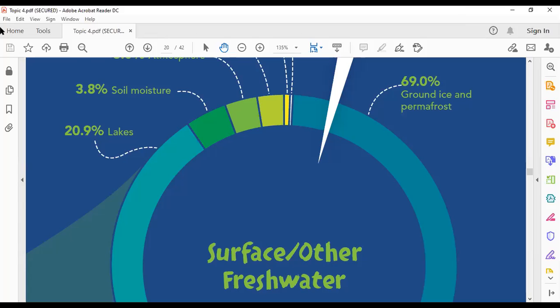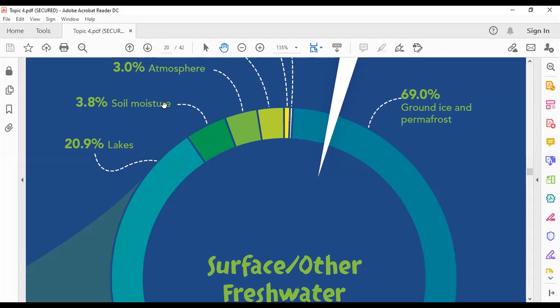Do you understand what soil moisture is? Water that is inside the soil is called soil moisture. Also 3% of Earth's fresh water is found in the atmosphere.